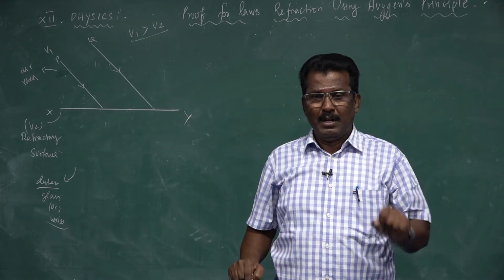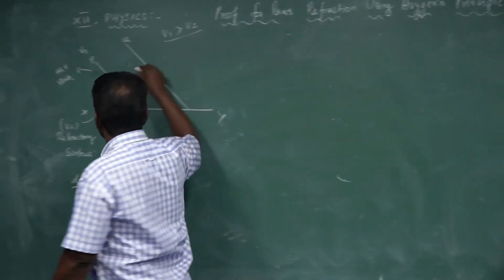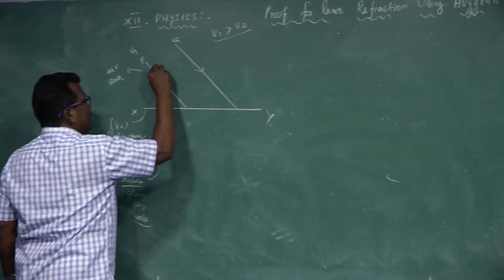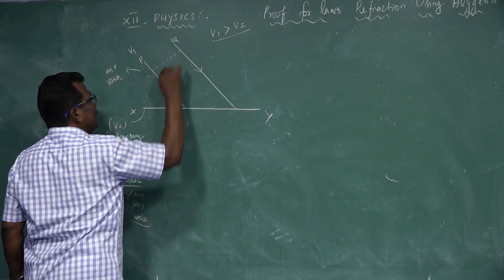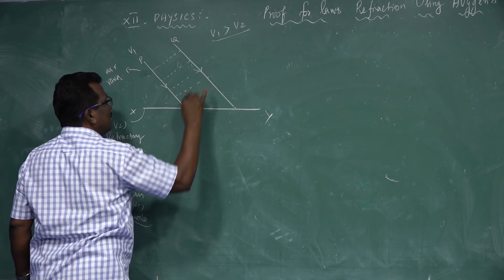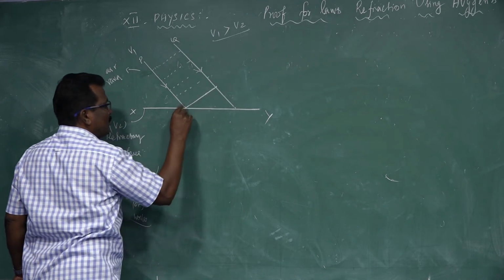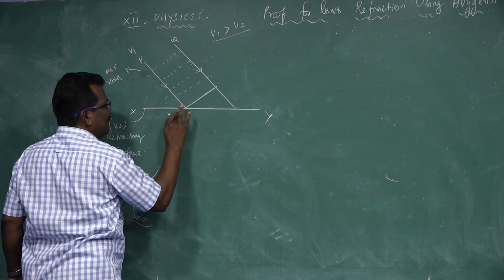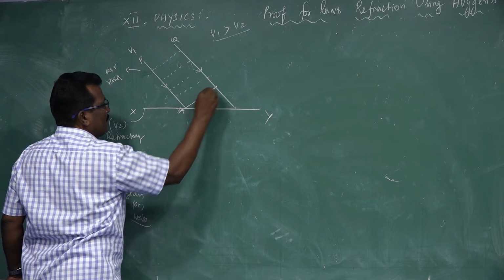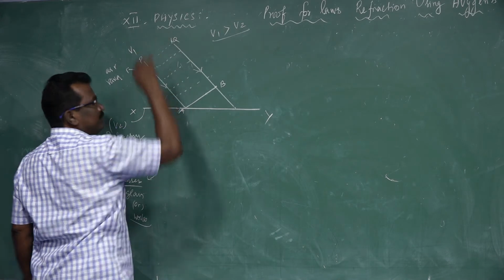Only the plane wavefront is possible for light coming from infinite distance. So this is a plane wavefront. So this is A, this is B. So these are the wavefronts.